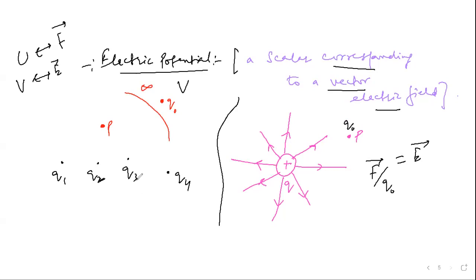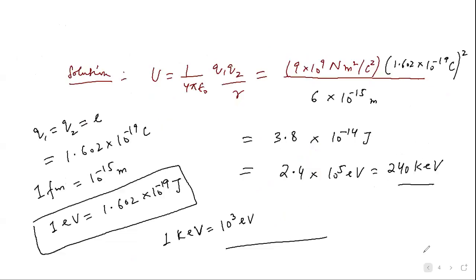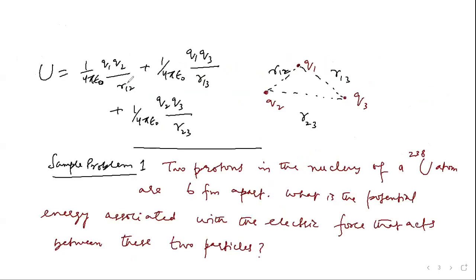And we can find that by using this formula I've already discussed, K Q1 Q2 by R. We have to see how many unique pairs of charges we can frame. Incidentally, what is the number of terms if we find the electric potential energy of 4 point charges? For 3, it was 3 terms.